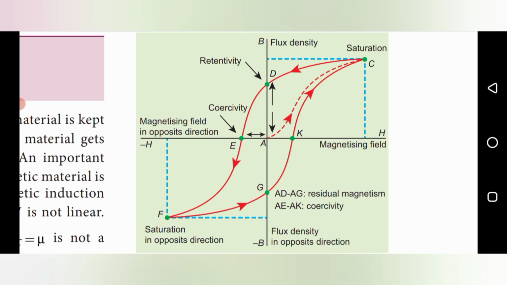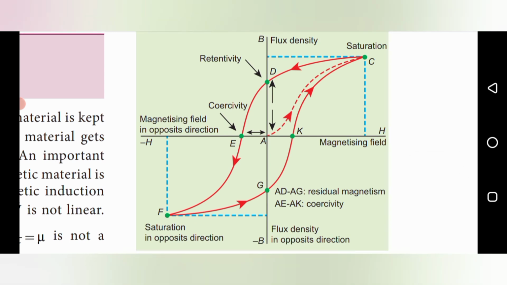Now we see the graphical representation. When a ferromagnetic material is magnetized slowly by a magnetizing field H, the magnetic induction of the material increases. It starts from point A and slowly attains point C. So we mark from A to C. Then we decrease the value of the magnetizing field.